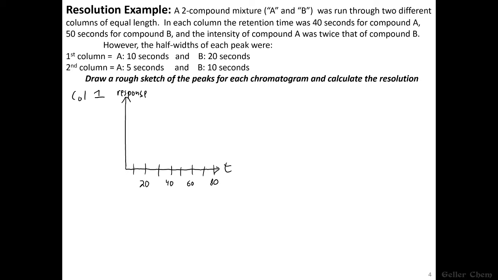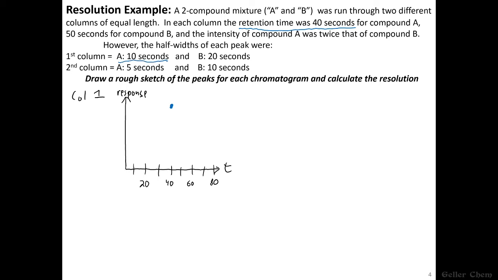We'll start with the taller peak, which represents compound A, and we're told that compound A's retention time is 40 seconds. So let's just put a dot at 40 seconds and have it towards the top of our chromatogram. And that represents the maximum of this peak. We're then told that in this first column, the half width is 10 seconds.